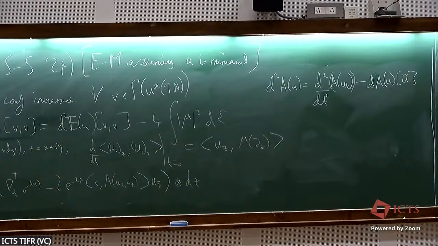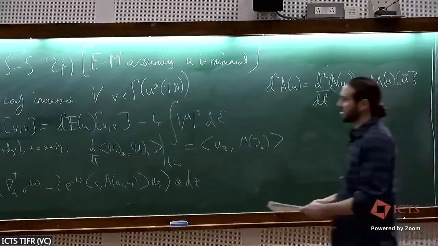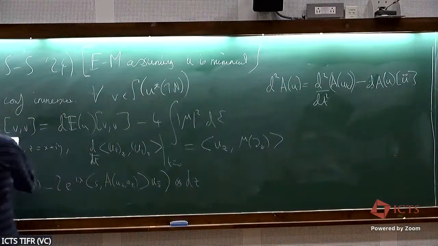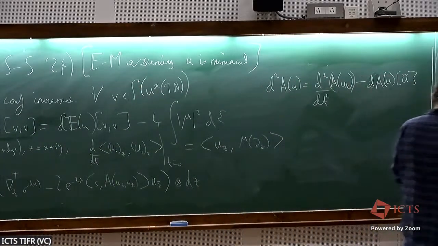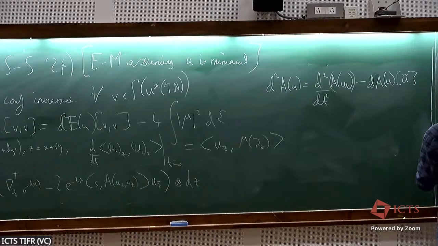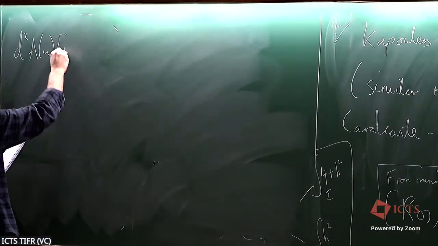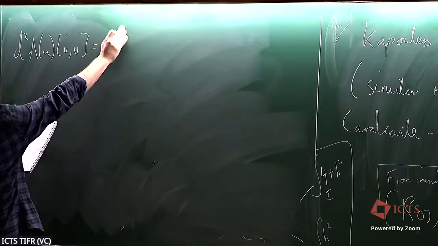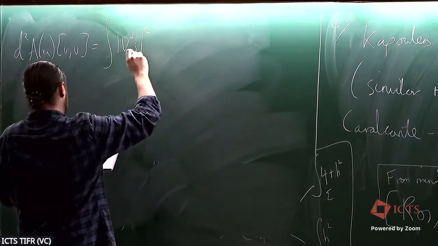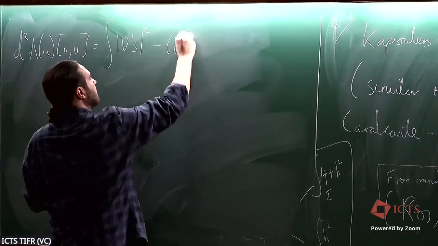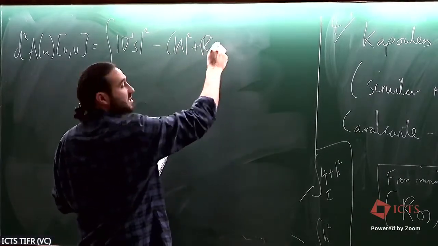So just to give you an idea of what the second variation looks like at an arbitrary point, not assuming anything about the mean curvature, let me just write it down. So you see both normal and tangential components. You see the thing that you expect to see.